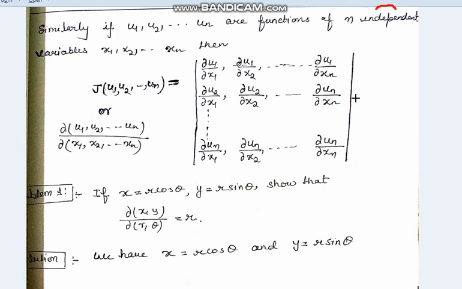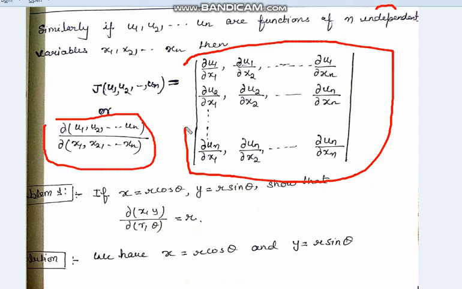Similarly, the second row is the derivative of u2 with respect to x1, x2, x3 and so on up to xn. So if we are given n functions of n independent variables, then their Jacobian is denoted by this formula, and it is calculated by this determinant.